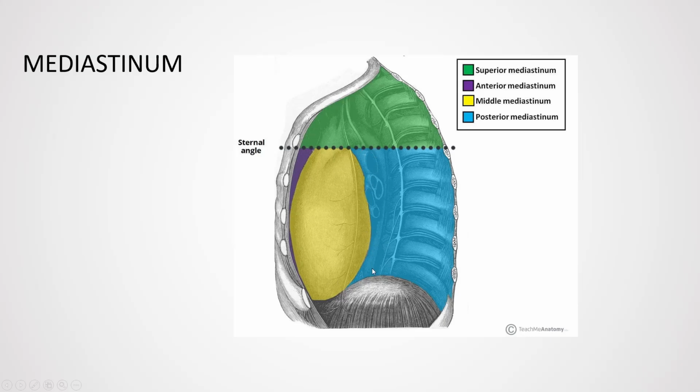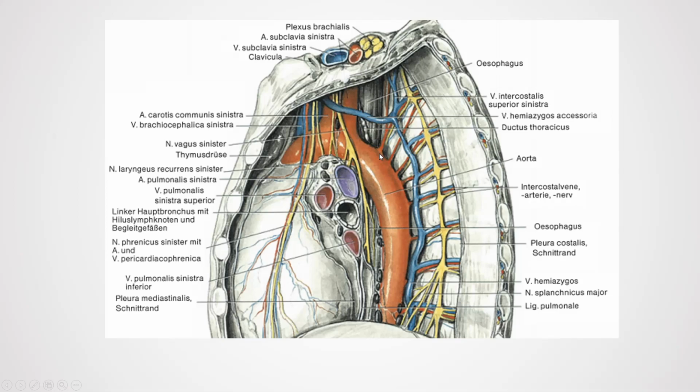In the back part, the esophagus and the other organs, the bronchi, the lungs, the trachea are located. The aorta also we see here. Here is another good picture. Here we see the middle part, the small anterior, the posterior, and here the aorta is located.